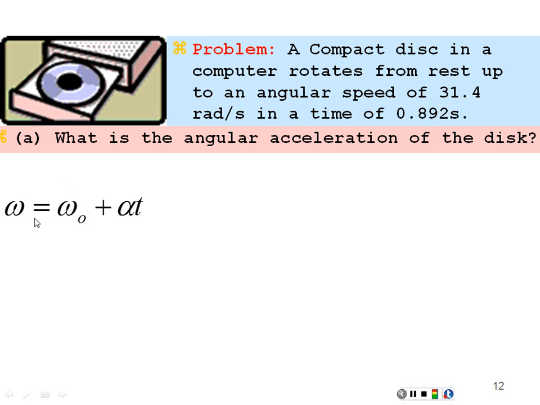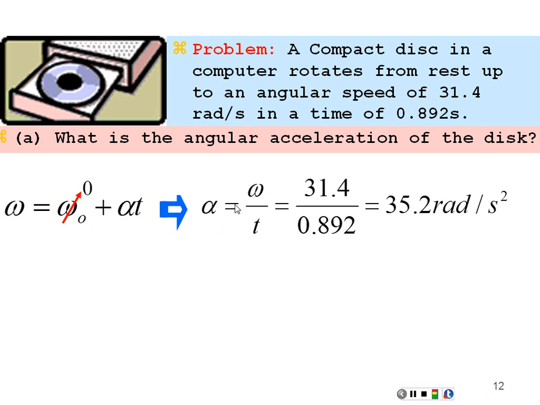Final velocity equals initial velocity plus angular acceleration times time. Our initial angular velocity is 0 because we started from rest. So we have omega is equal to alpha times t. So alpha is equal to omega divided by t. 31.4 radians per second divided by 0.892 seconds gives us 35.2 radians per second squared. That is our angular acceleration for this disk.